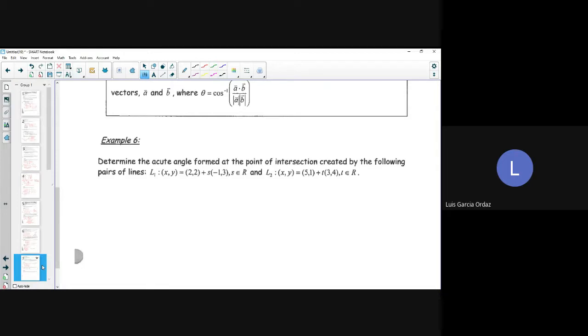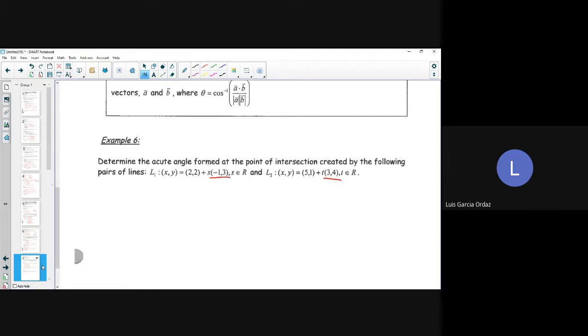Line 1 is (x, y) = (2, 2) + s(-1, 3). And line 2 is (x, y) = (5, 1) + t(3, 4). By A and B, it means the direction vectors. So we're focusing on these only.